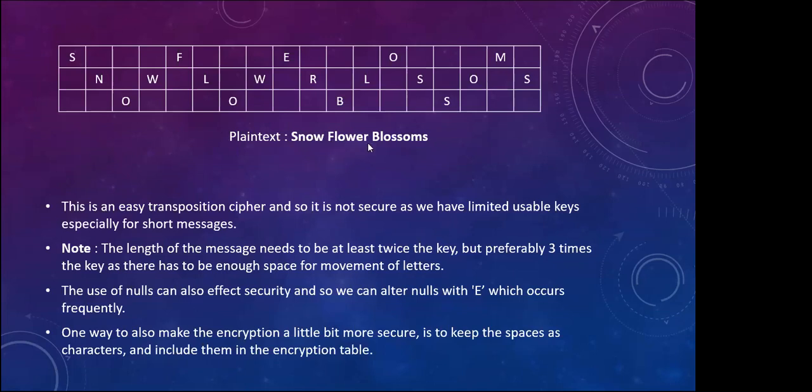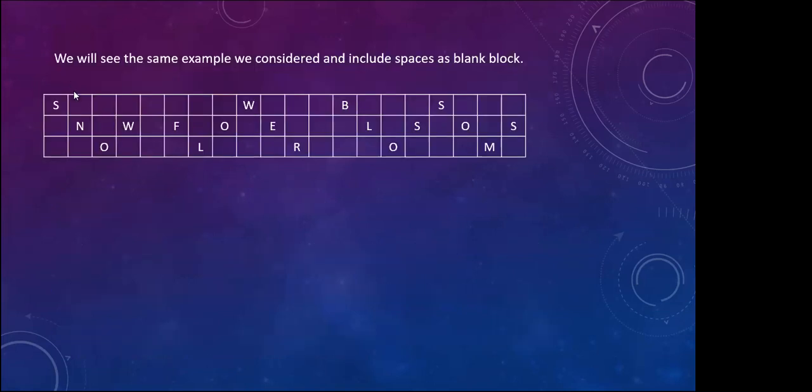So for more security of the cipher, we can include these spaces while encrypting by keeping a block blank, like in here we have entered the snow, then a block is blank to indicate the space, then flower, then one block is blank, and then blossoms.